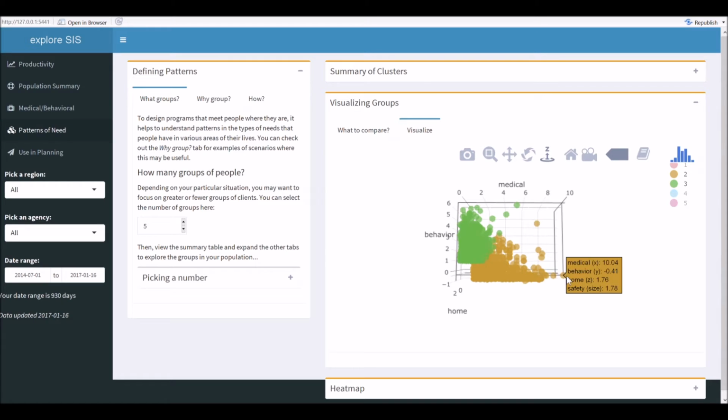And you can see that there really are people who have quite high medical needs, even beyond the folks in this group. And then if we look at this axis over here, which is the behavioral axis, we see there's this whole set of people who have behavioral needs far and above beyond the behavioral needs of some of these people who have lower scores in the behavioral area down here.